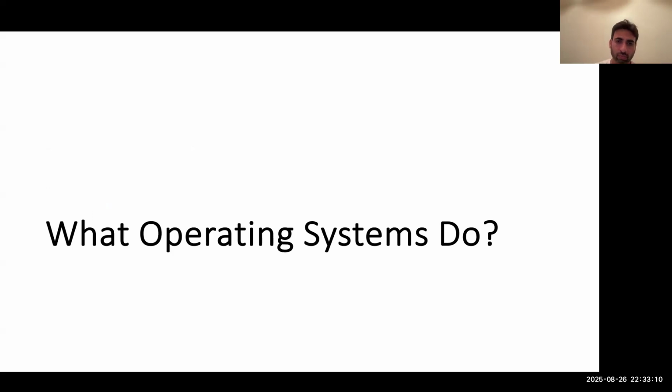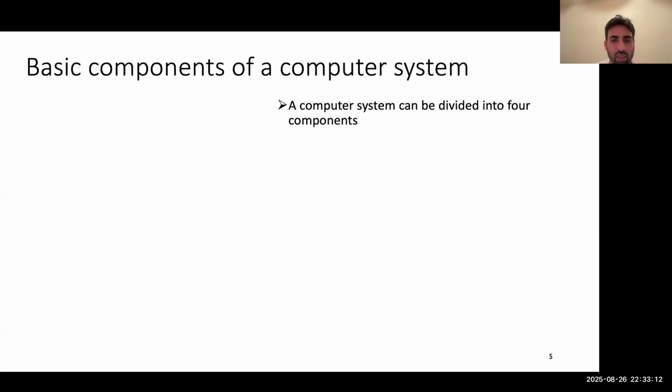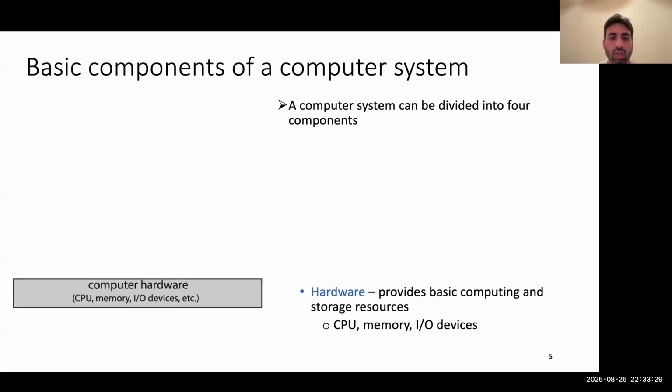Okay, so what does an operating system do? To answer that question, let's try to dissect a typical computing system. We can divide a computer system into four main components. The one at the lowest level is the hardware of the computer itself, which is basically responsible for providing the computing resources.